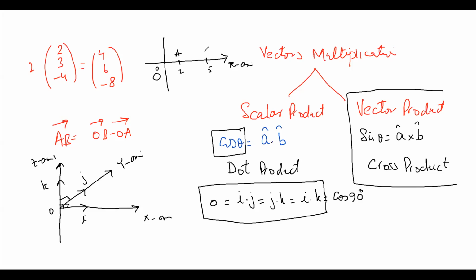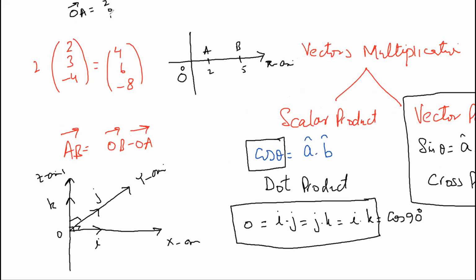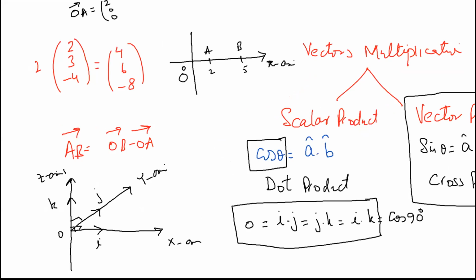Let's say this is O, this is A, and this is B. If your OA is 2i, or it is (2, 0, 0), I'm going to write it as 2i, and your OB is going to be 5i, or (5, 0, 0). I'm going to write it as 5i. Can someone tell me what will be the angle AOB, from A to O and then from O to B? What is this angle?